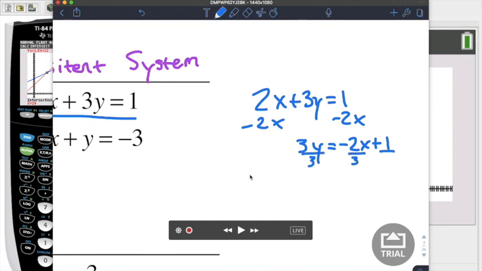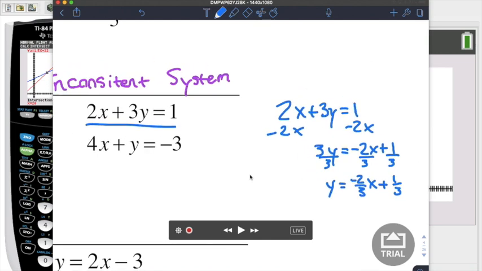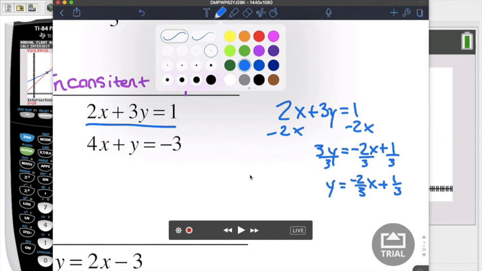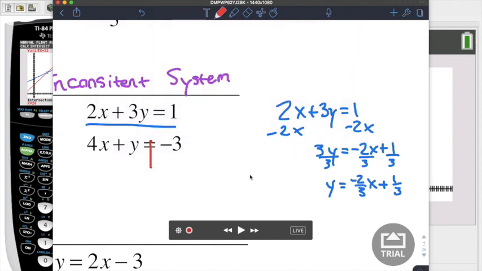We'll divide everything by 3, and that gets us negative 2/3 x plus 1/3. And we're going to see what's going on with this other one. We can do this in one step: subtract 4x from both sides. So y is equal to negative 4x minus 3.